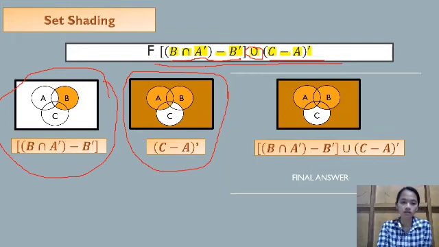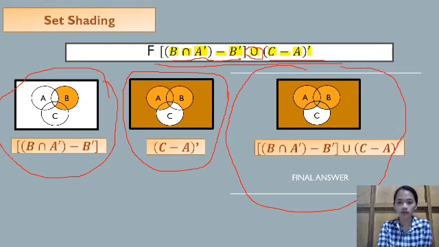So B intersection of A prime minus B prime union of the quantity C minus A prime equals this shape. This will be our final answer. I think that's all, and thank you for watching.